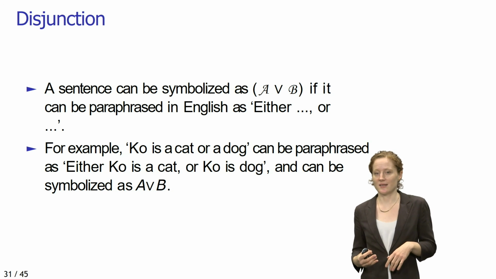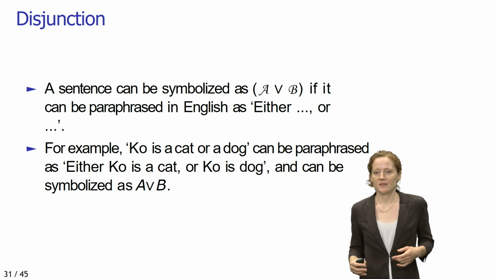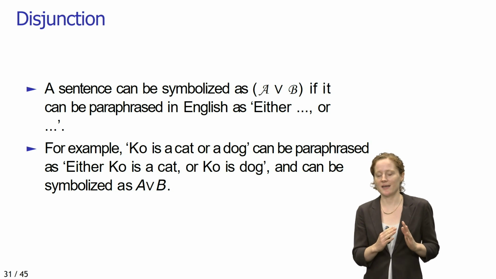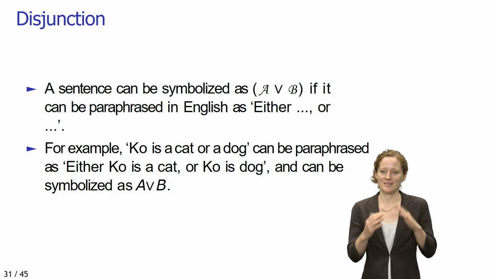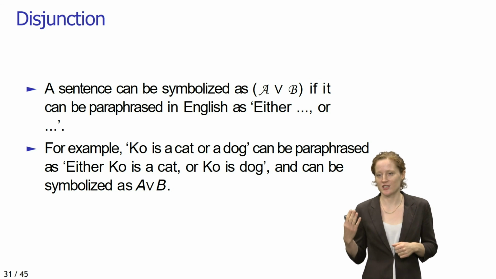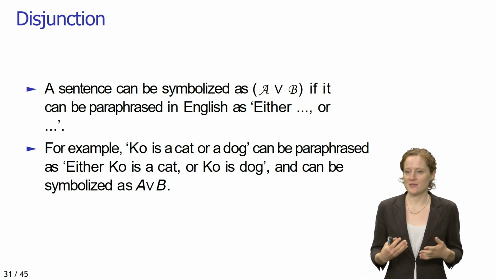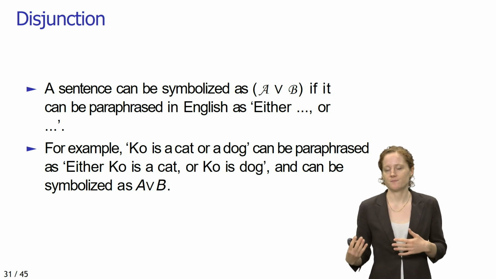And then we can symbolize it as A disjunction B. In this case, the capital letter A represents the English sentence, "Co is a cat," and the capital letter B represents the English sentence, "Co is a dog," and the disjunction symbol represents "either or."